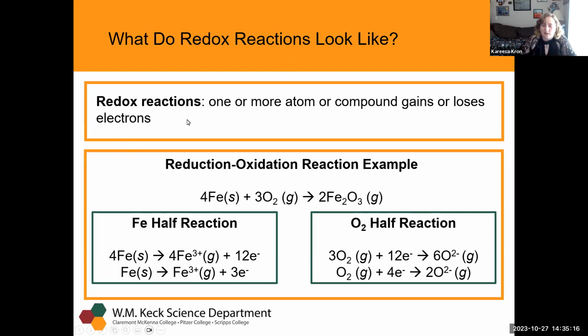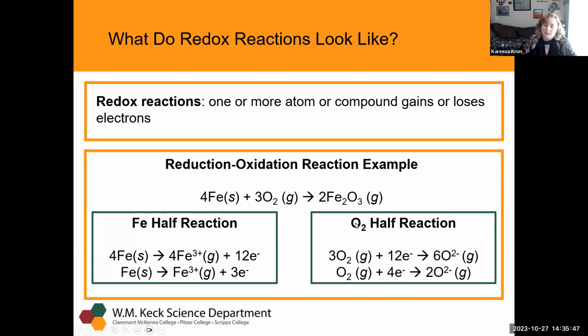And so if we look at the half reactions for each of these atoms, so if I look at iron, at the start of this reaction, our iron doesn't have any charge. And at the end of our reaction, it's bound to oxygen, and all of a sudden it has a charge of 3+. So in order to balance this equation, we need 12 electrons to cancel out the positive charge here, which I then reduced just by dividing by 3, so we could potentially see it in a simplified form.